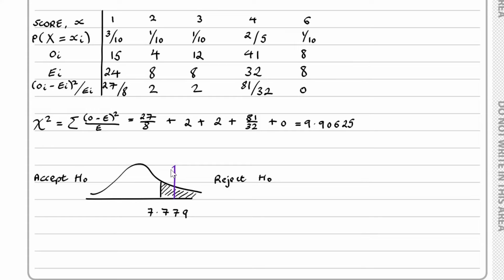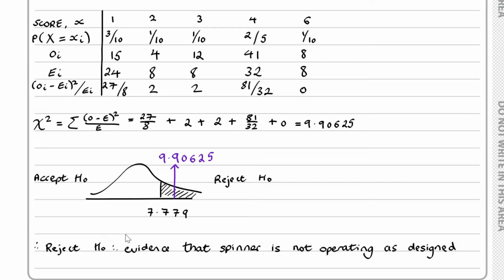We have our value, test statistic, which is 9.90625, and therefore clearly we're in the region where we reject H0, so we can make the following conclusion. So we can reject H0 clearly, and therefore there's evidence that the spinner is not operating as designed.